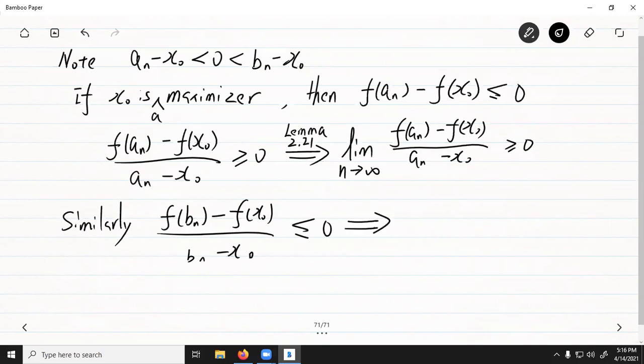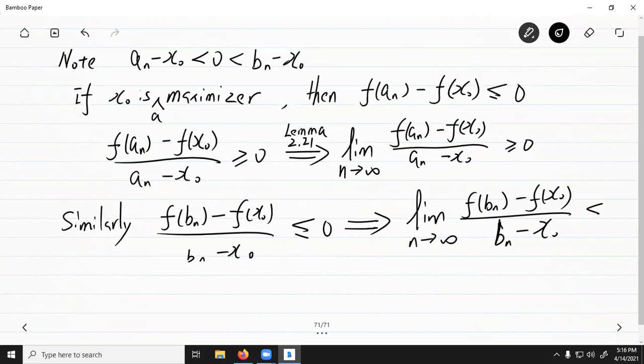Then we can get that the limit as n approaches infinity of f of bn minus f of x0 over bn minus x0 would be less than or equal to 0. If you put together, because they are the same number, this number is greater than or equal to 0 and the same number should be less than or equal to 0. So the only choice is equal to 0, right? So we get this.